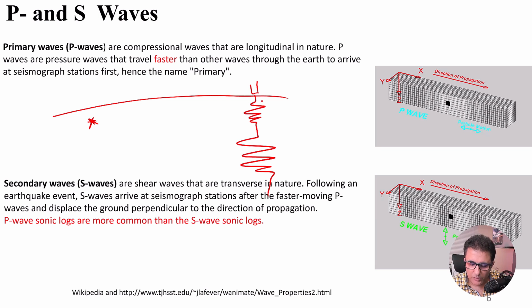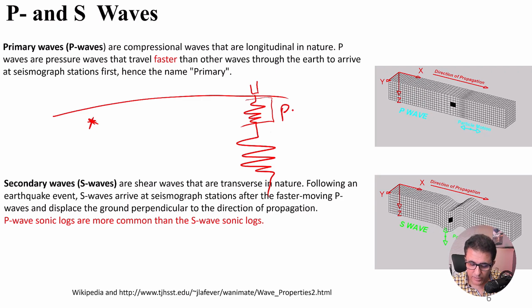The first group of waves that come to the recording station first, they call P wave. And P wave is a kind of high speed or high velocity seismic wave. So they have the highest speed, and that's the reason they get to the recording station first.